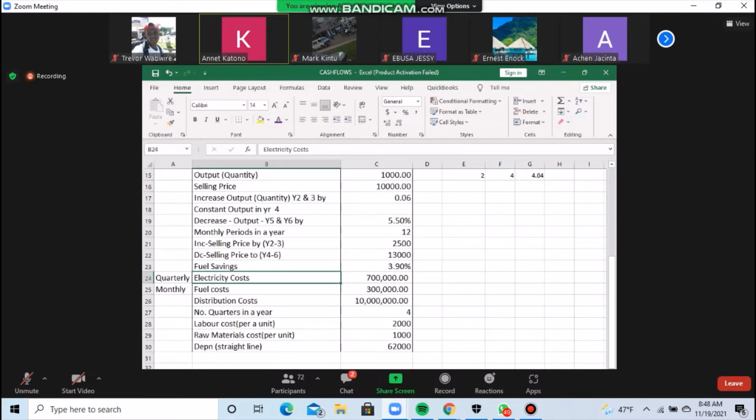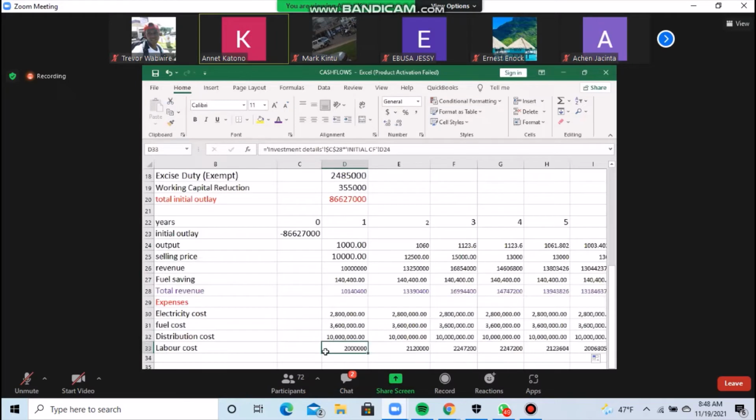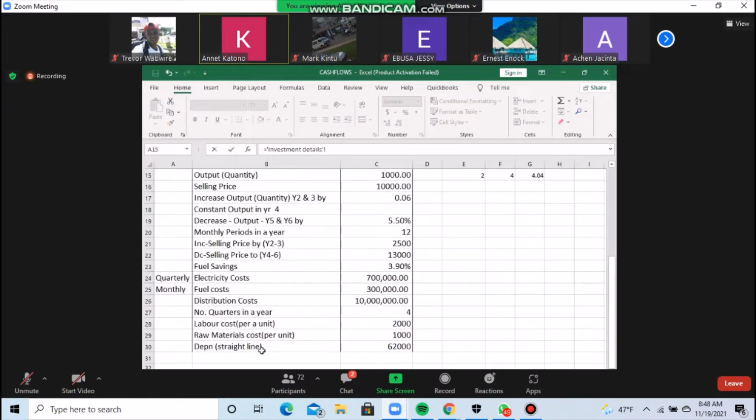Yes. So go to your initial cash flow and put your equal sign. Go to your investment detail sheet. Pick on the 2,000, which is the cost per unit that you're producing. And since it is constant, whether you produce 10,000 or 20,000, etc., each unit you're going to be paying 2,000.